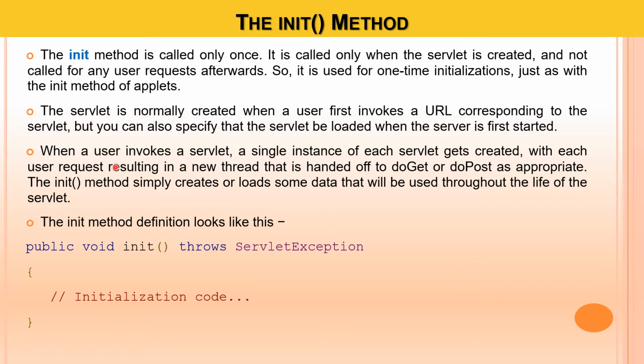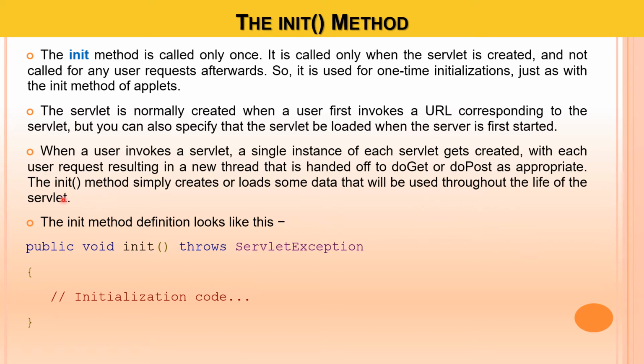Now, when a user invokes a servlet, a single instance of the servlet gets created, with each user request resulting in a new thread that is handed off to doGet or doPost, whichever is the appropriate method. The init method simply creates or loads some data that will be used throughout the life of the servlet.